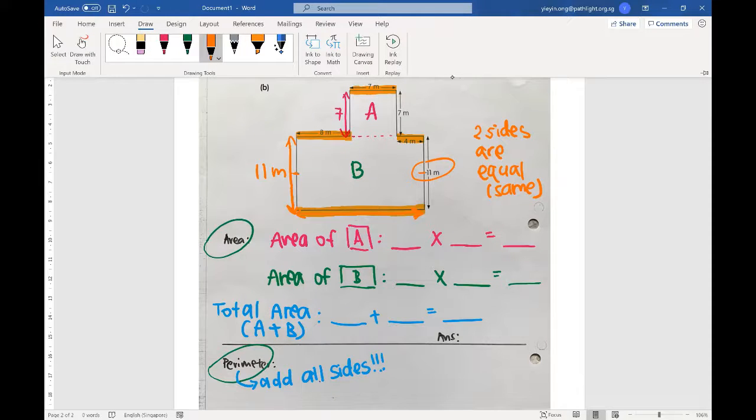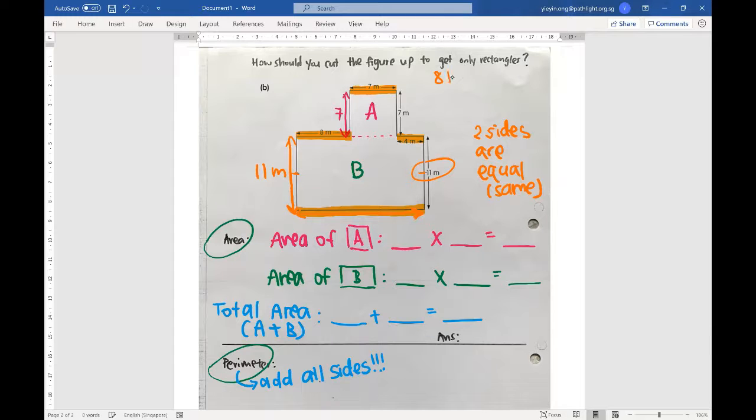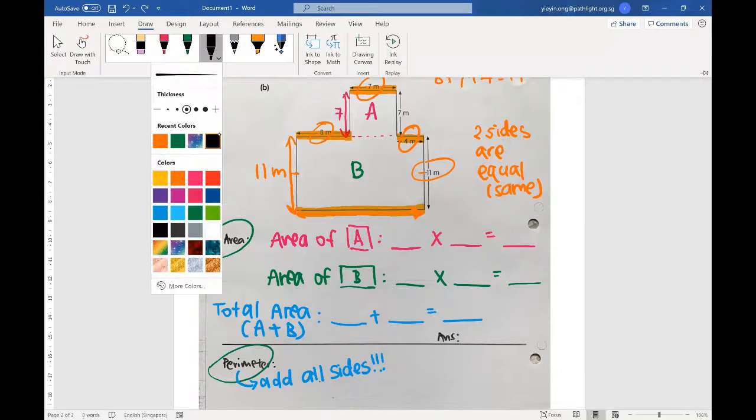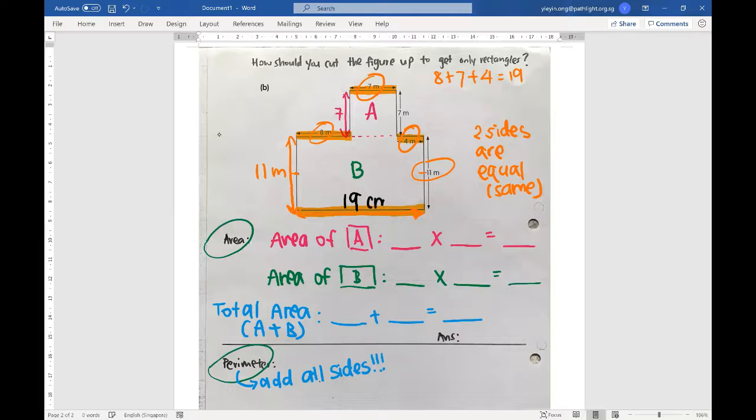In this case, 8 plus 7 plus 4. That will give me 19. 8 plus 7 is 15. 15 plus 4 is 19. So this bottom part of rectangle B is 19 meters. Okay, so now we have all the unknown sides of this composite figure.